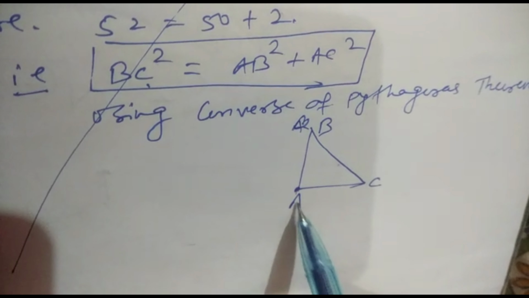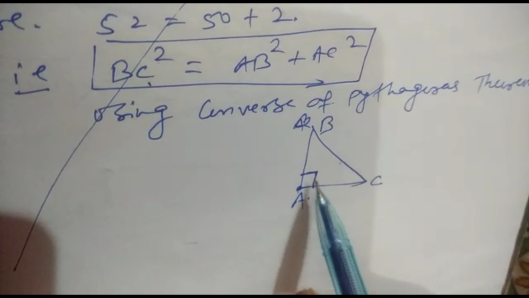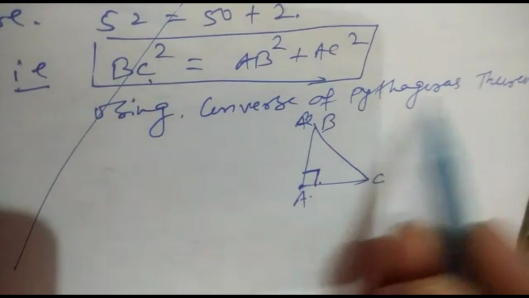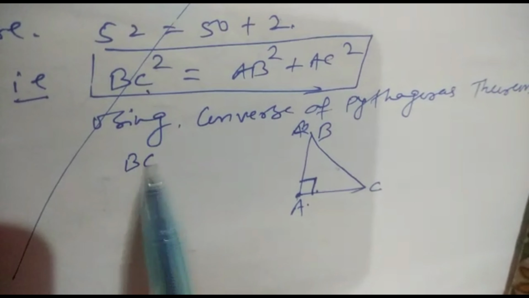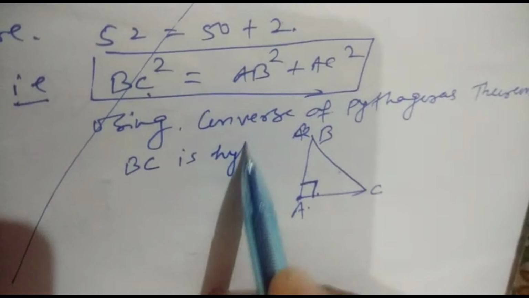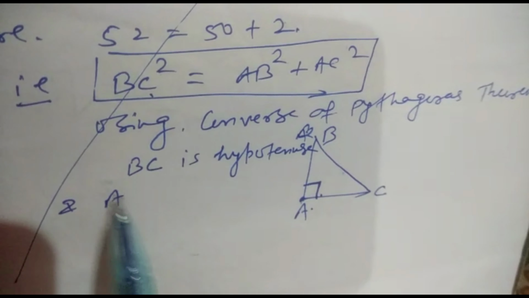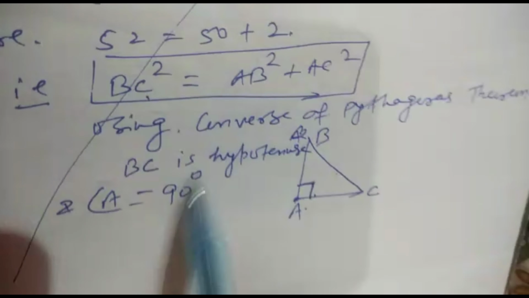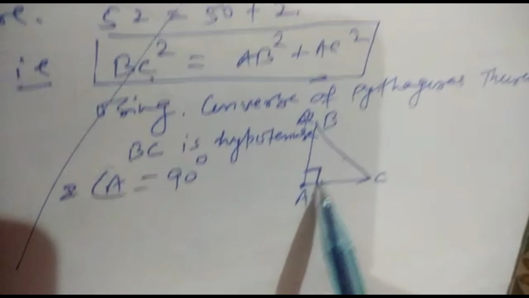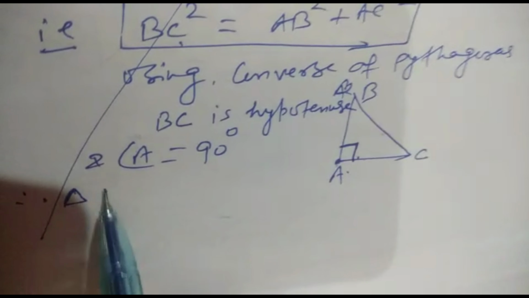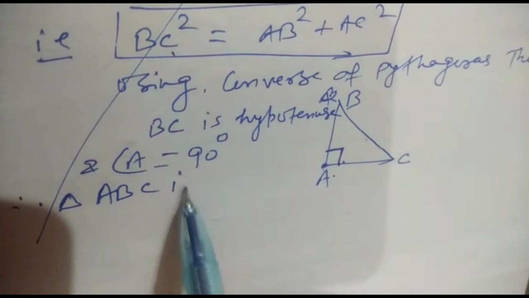So A will be here, so angle A will be 90 degrees. So using the converse of Pythagoras theorem, BC is the hypotenuse and angle A equals 90 degrees, because the angle opposite to the longest side is 90. Therefore ABC is a right angle triangle.